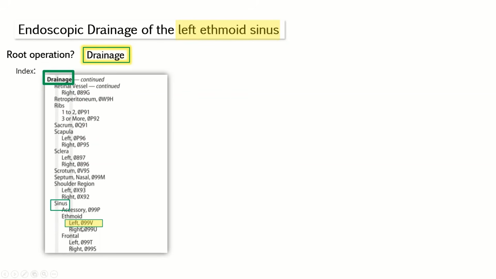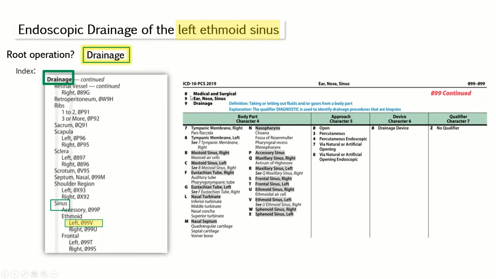So it's telling us 099V is our default. So let's go find the 099 table, the corresponding table. And the 099 table says this is for medical surgical, ear, nose, sinus, and drainage. And let's look at the definition or the objective of drainage.